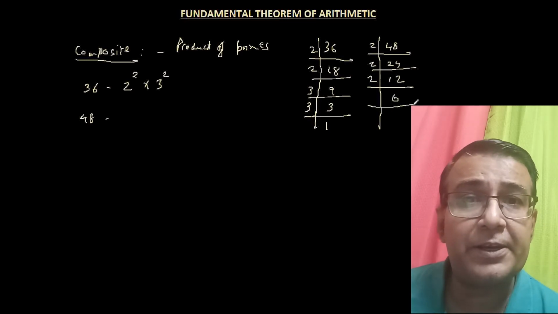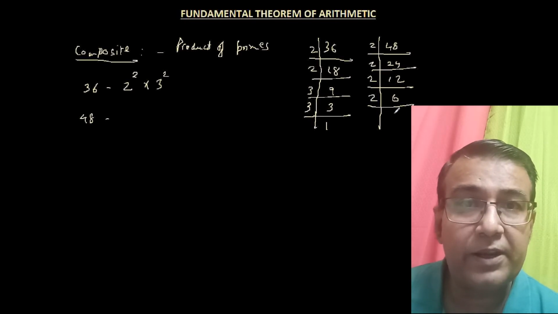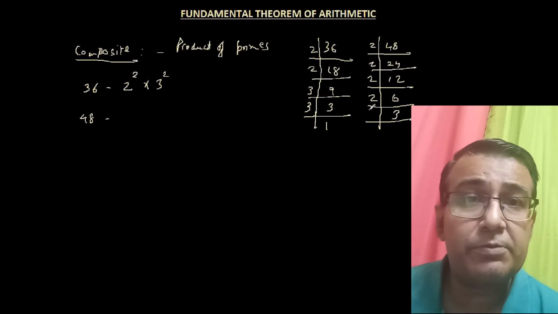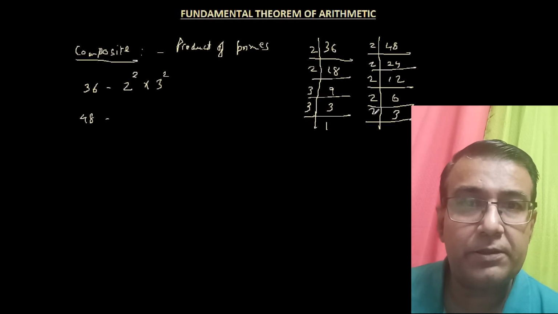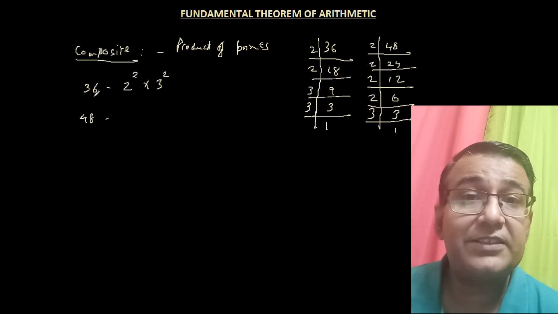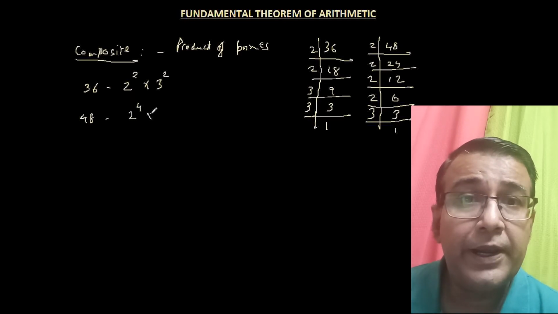So when we divide it by 2 we are left with 6. 6 again is divisible by 2, and on dividing it by 2 we are left with 3. Now 3 is not divisible by 2, but it can be divided by 3, and we are left with 1 again. So that means 48 can be written as a product of prime numbers. So we have got a total of 4 2's here. So it can be written as 2 to the power 4 times 3.